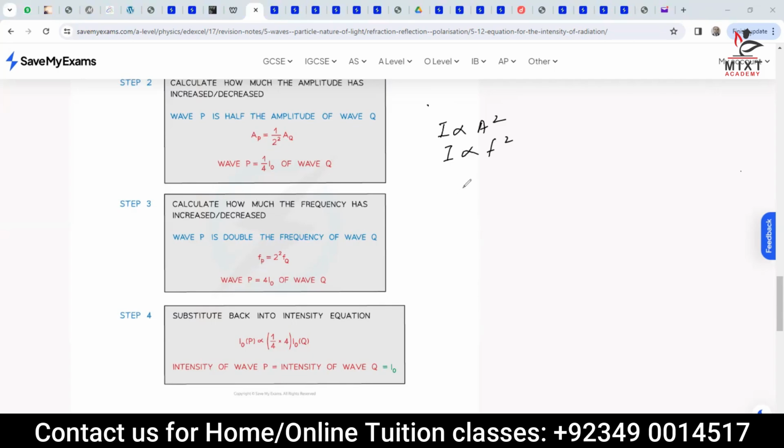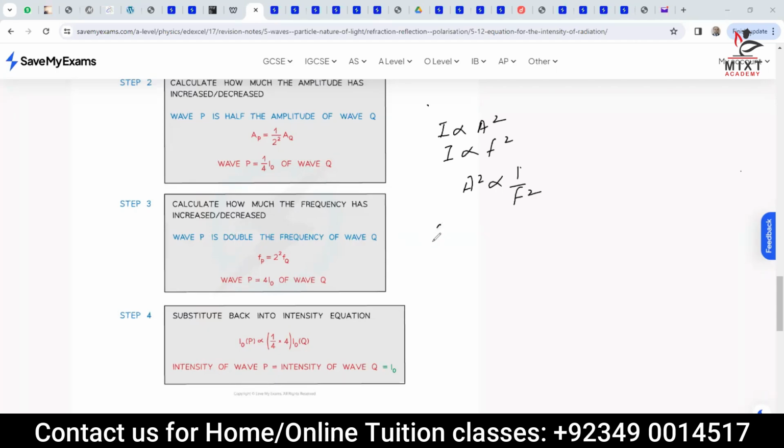Amplitude and frequency are inversely proportional. So if amplitude increases, frequency reduces. That is the thing. They say wave P has double the frequency of wave Q. Amplitude of Q is 4 times of P, but the wavelength will be doubled.